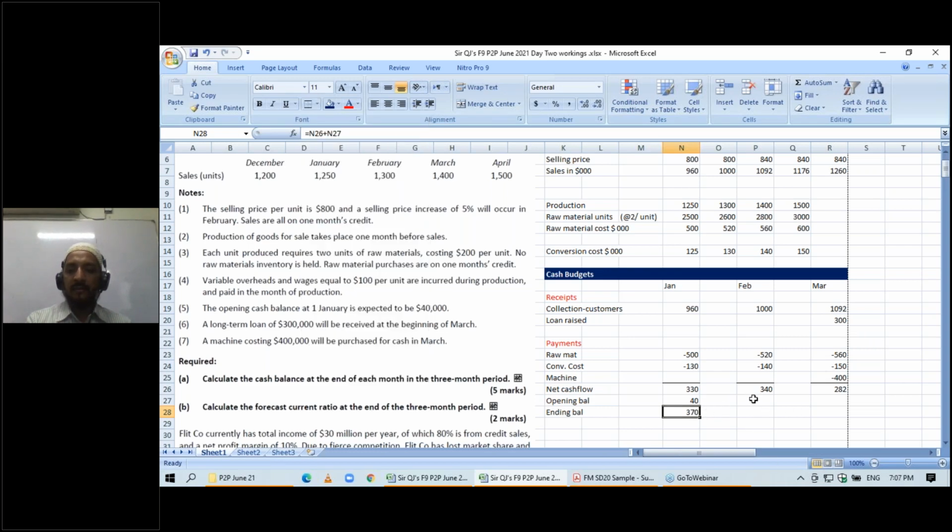So we will take this 370,000 to the February's opening balance. This gives you 710,000 at the end of February, and then this 710,000 becomes the opening balance for March, and then the March ending balance will become 992.